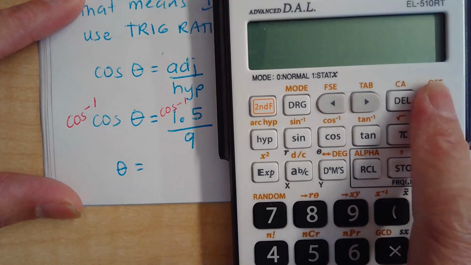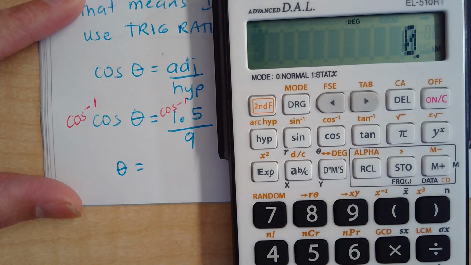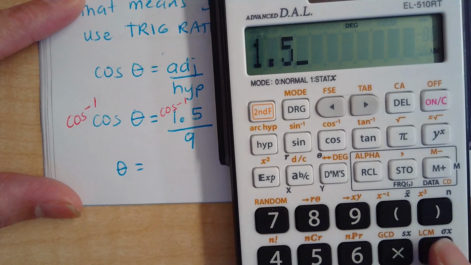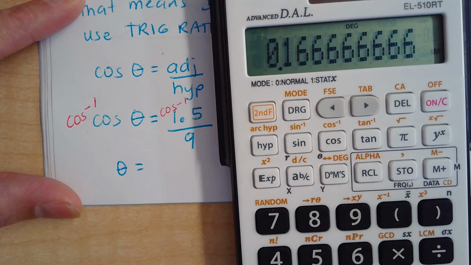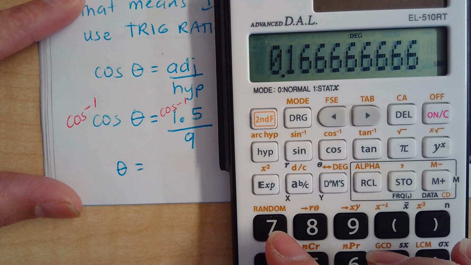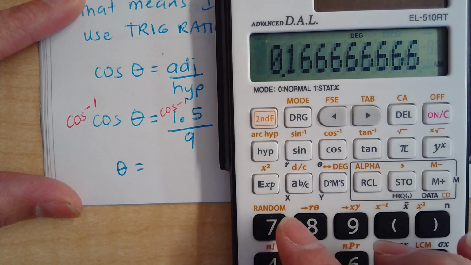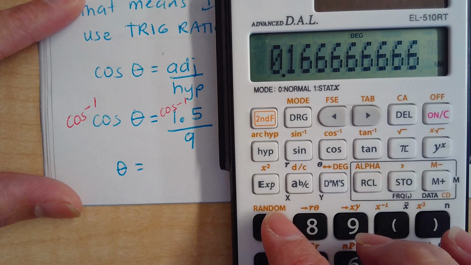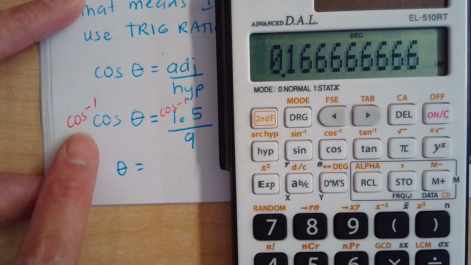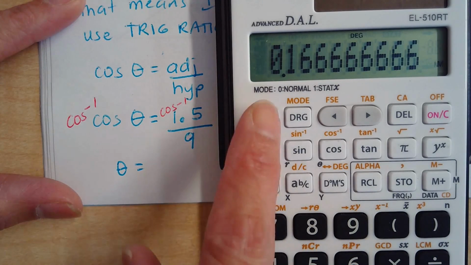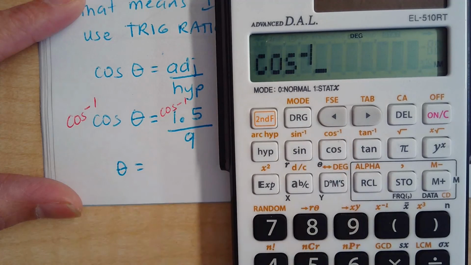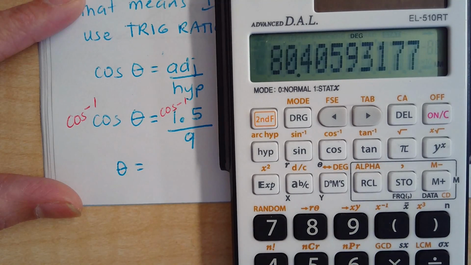So first, I need to go 1.5 divided by 9. It's going to get us 0.16 repeating. And then finally, we're going to do the cos inverse. Second function, cos inverse of what I got earlier.